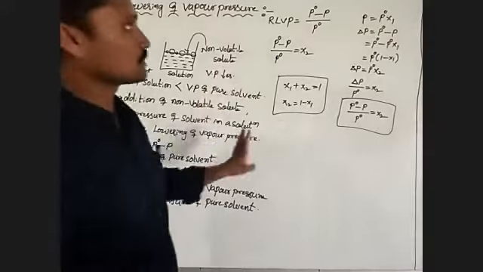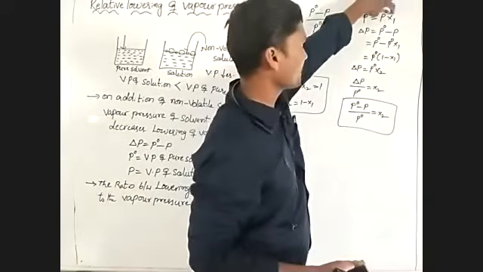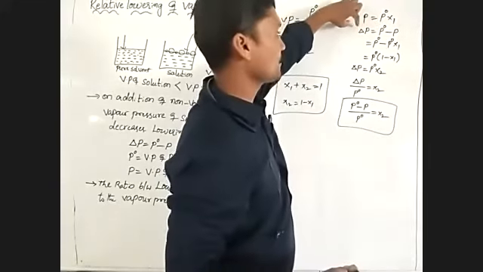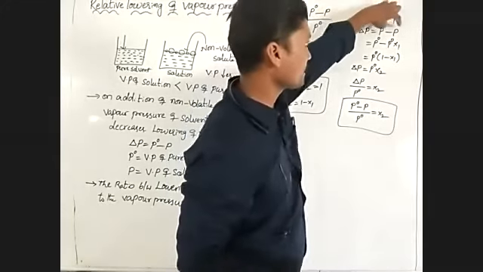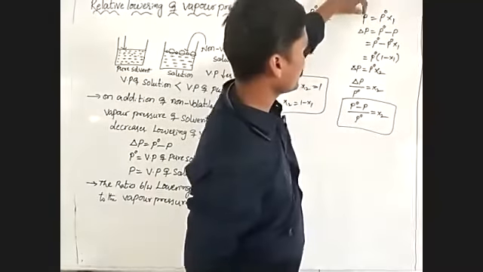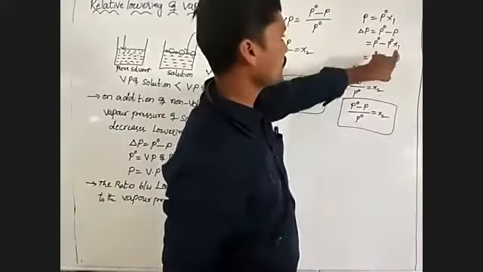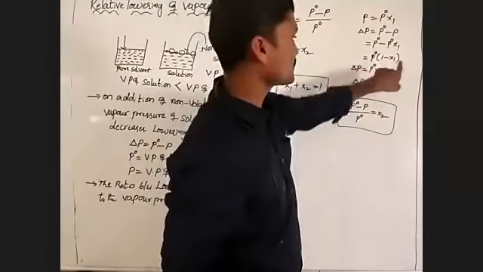How can we derive this? As per Raoult's law, P is equal to P naught x1. Lowering of vapor pressure delta P is equal to P naught minus P. So P naught minus P naught x1, P naught common, we say P naught into 1 minus x1.